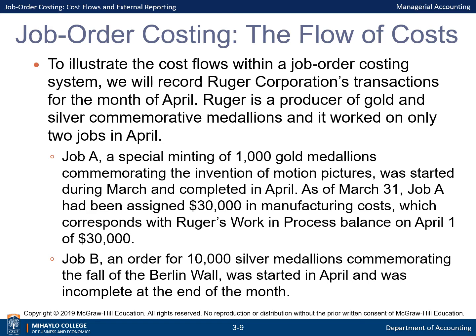As of March 31, Job A had been assigned $30,000 in manufacturing costs, which corresponds with Ruger's work-in-process balance on April 1 of $30,000. Job B, an order for 10,000 silver medallions commemorating the fall of the Berlin Wall, was started in April and was incomplete at the end of the month.